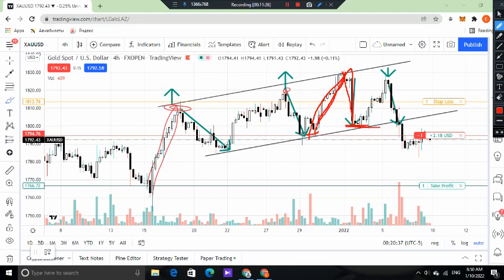It was more than 78% Fibonacci, and after that the market failed to create a higher top.